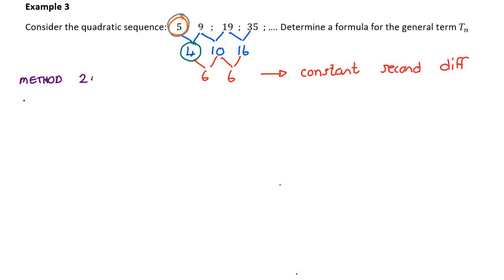So how does method 2 work? Well, method 2 has the same first step, the fact that the second difference is 2a. So 2a would equal 6, and so a would equal 3. Now, I don't know b and I don't know c. So far, I know that this question is 3n squared plus b n plus c. Now, it's actually a fairly simple method and one you've been doing for ages.